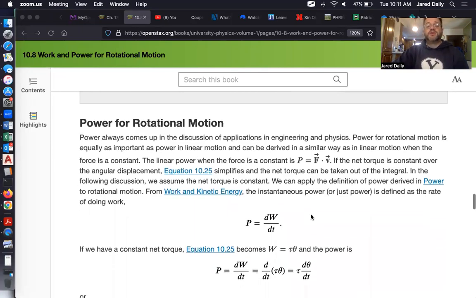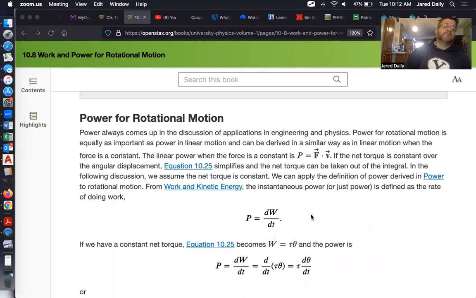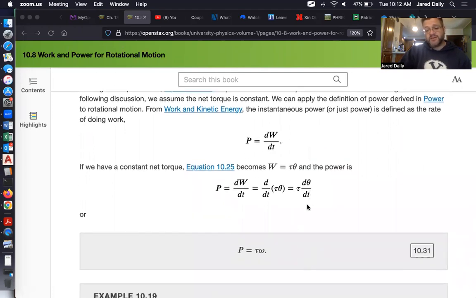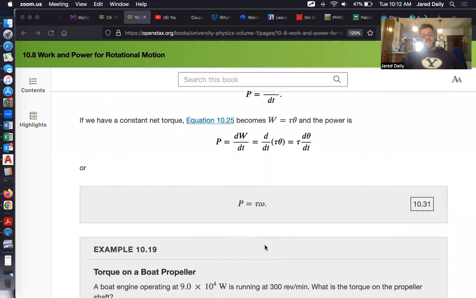Power for rotational motion. Power is just the work in time, right? It's the derivative of the work in time. So if you do this math, you end up with torque times the time derivative of theta for the power, and the time derivative of theta is actually omega. So this ends up being torque times omega for the power, torque times angular velocity.